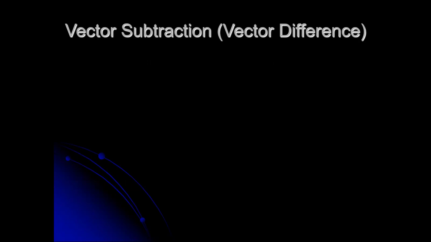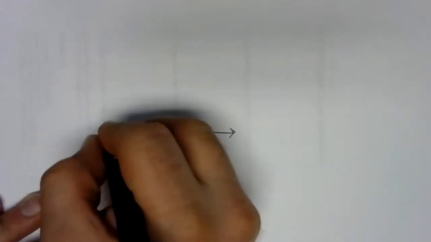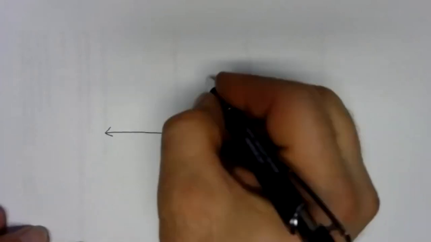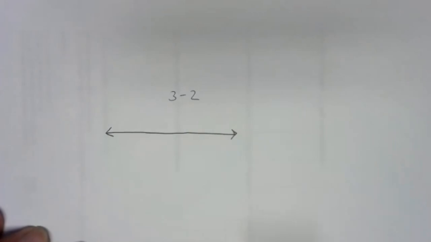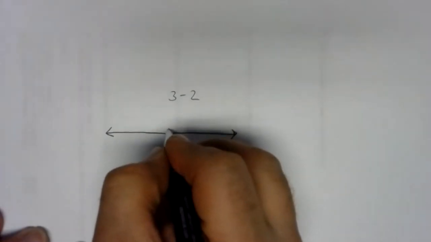In vectors, we can do exactly the same thing. Vectors work the same way. And to see that, let's go back to our number line. Let's say I wanted to get 3 minus 2 off of the number line.